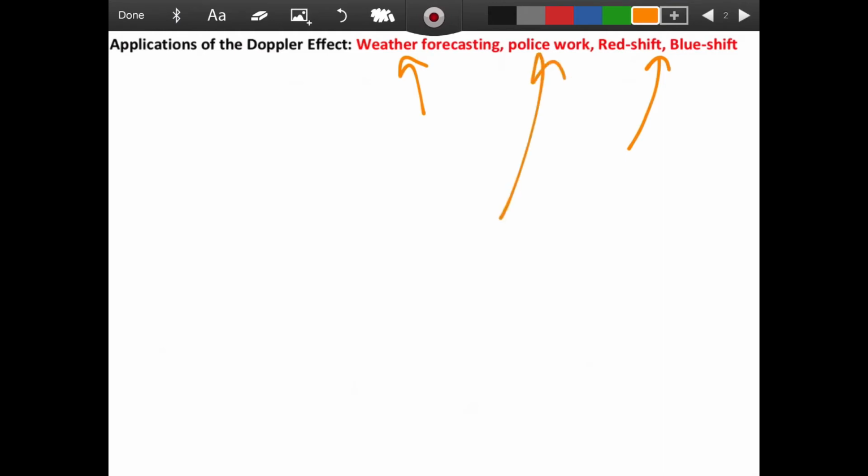And it also can be seen in police work, specifically with radar guns. And when a policeman is pointing a radar gun at your vehicle, they're using that frequency. If you are driving too quickly, that sound will reflect and bounce back towards them.